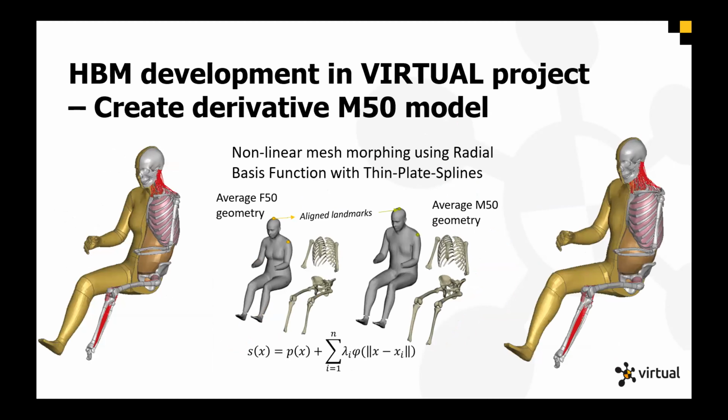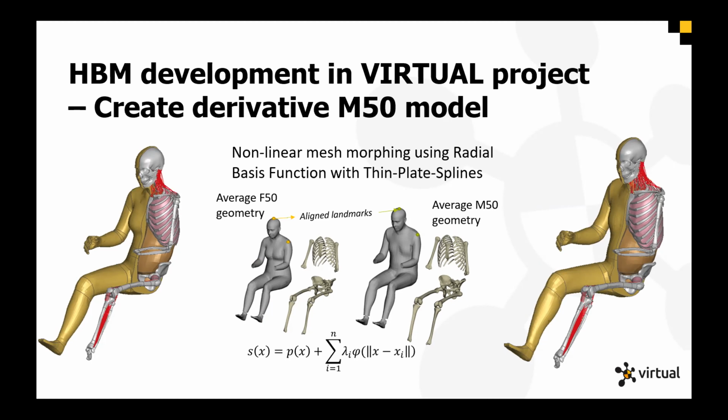So morphing human body models to other anthropometries, that is not something new. Basically, what you have to do is to define landmarks expressed as coordinates on your source geometry, which is in our case the seated average female model, and then the corresponding landmarks on the target geometry, which in this example is the seated average male.